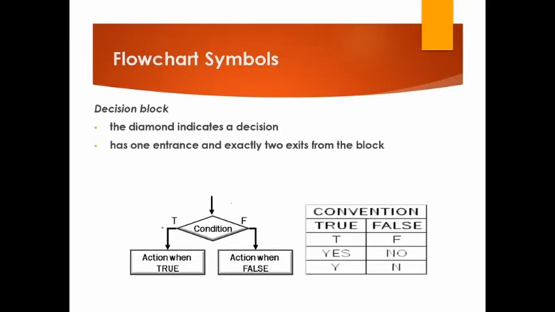If the result of the condition here is true, it will go directly to the next process block, because this is a rectangle. If the result of the condition here is false, it will go directly to this action, to this process block. Okay?